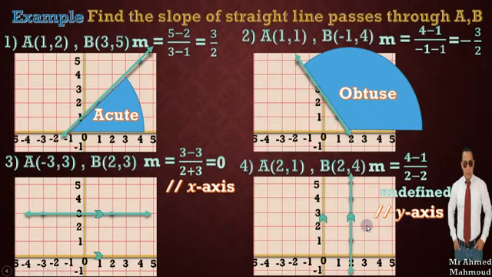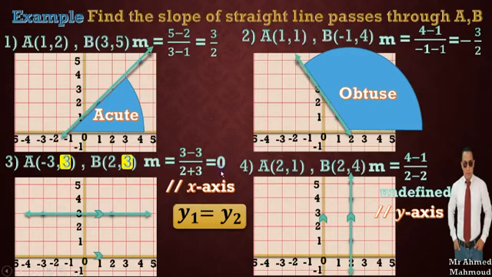This is a very important remark. The most important remarks are in examples 3 and 4, the special cases: the line parallel to the x-axis and the line parallel to the y-axis. Looking carefully at the coordinates (-3, 3) and (2, 3), the y-coordinates 3 and 3 are equal, so y1 equals y2.